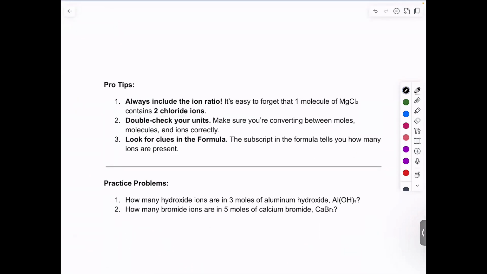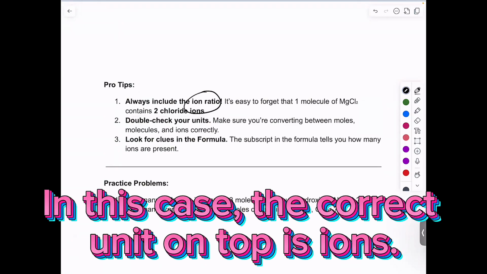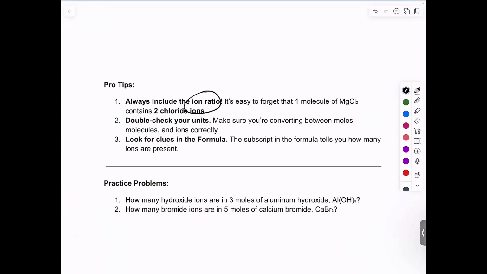You need to apply that conversion factor. We can call it an ion ratio. Same thing. Double check your units. Again, dimensional analysis, just make sure your units cancel out and you're left with the correct unit on top when you do your final answer. And the formula subscript will tell you how many ions per molecule you have there.